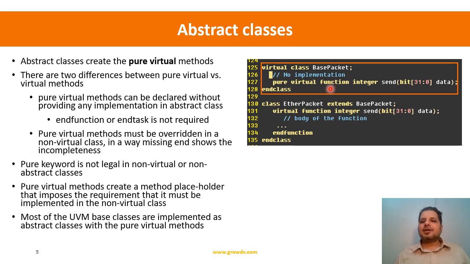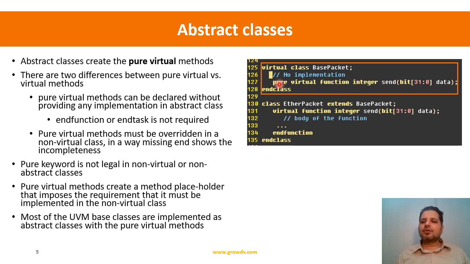And within the abstract class, you generally define a pure virtual function. We had seen virtual; this is pure virtual. The difference is that when you define a virtual function in a base class, although you don't provide any implementation, or you can opt to provide some implementation, even if you're not providing any implementation, you still have to say end function or end task and provide the declaration for the virtual function or task.